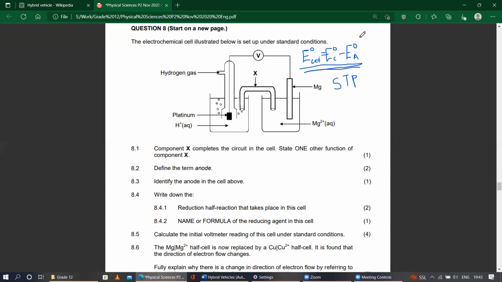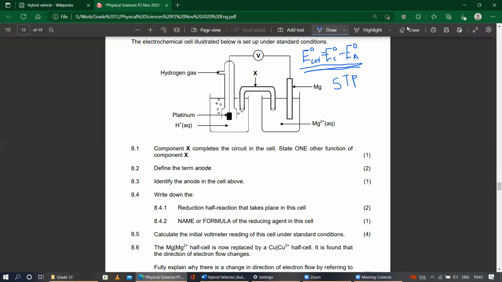Because if I remember well, you guys are gonna use 0 degrees Celsius as a standard temperature. So basically, I think that's everything that you need to know. So for today, we're gonna go through the question together. Yeah, I think we have enough time to go through the question together.